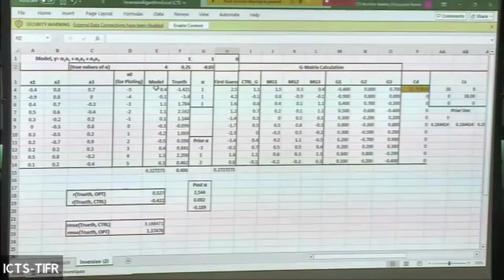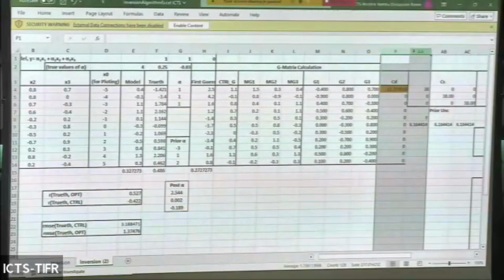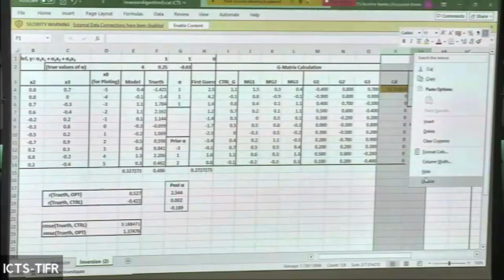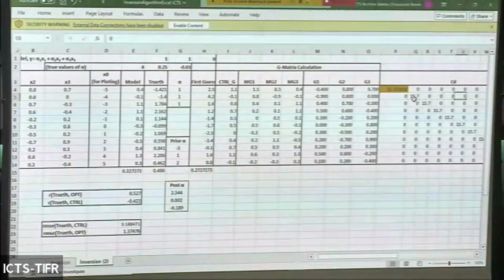This is how you generate the G matrix, right? You change your control variable a little bit and take the sensitivity. After this, you need a CD, which is a diagonal matrix. I have hidden the rows here, otherwise it looks very lengthy, but I can unhide it. See, this is my CD matrix, which is diagonal.